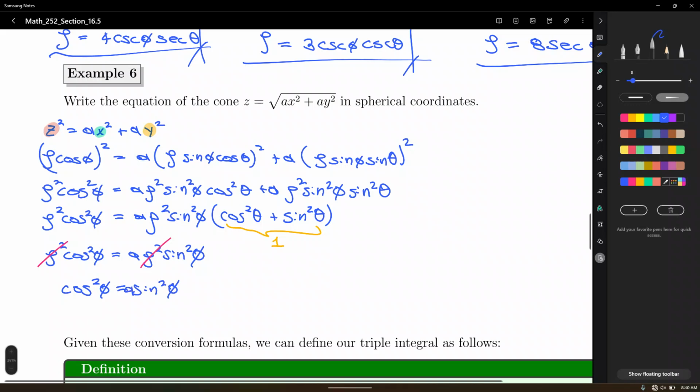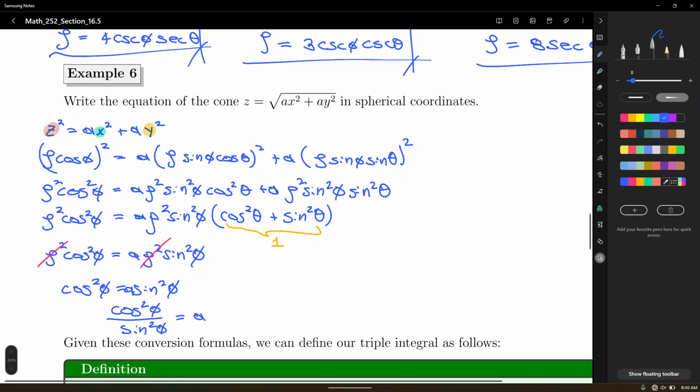So I'm going to solve for a right here. Let me do cosine squared phi over sine squared phi equals a.